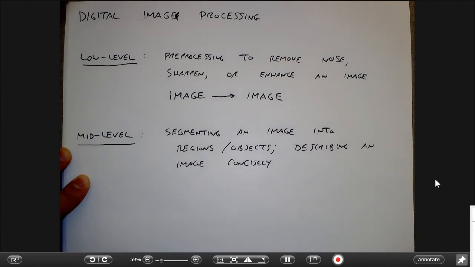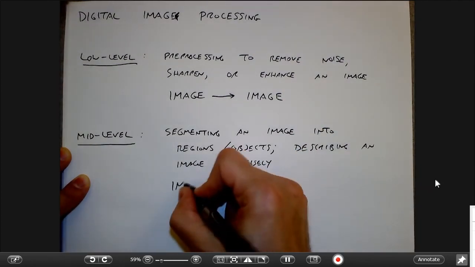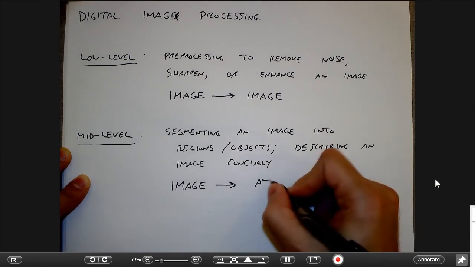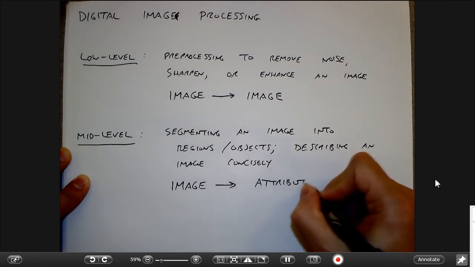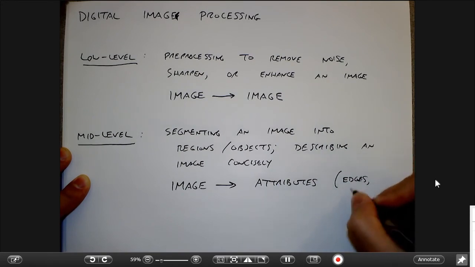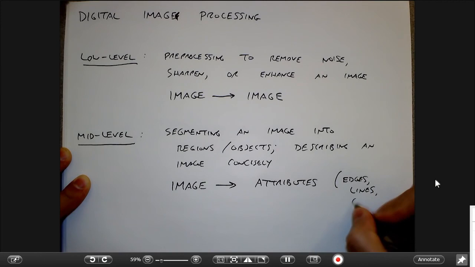And the way to think about this is that you start with the image, and what you come out with are things like attributes. For example, edges, lines, objects, or maybe it would be better to say regions.